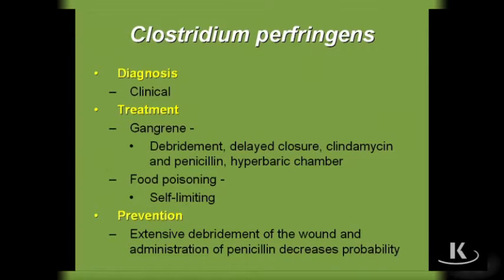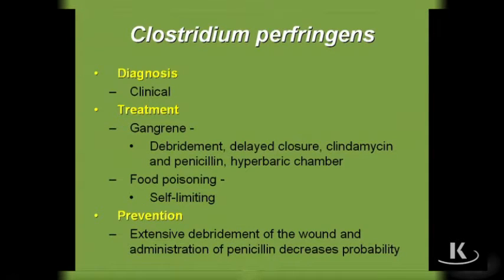What we can do that's very helpful, again, just like for tetanus, is delay closure of that wound to let it get exposed to as much oxygen as we can without clearly risking the life or limb of that patient. That's also a good mechanism of treatment. Additionally, you can expose that patient to hyperbaric oxygen, again, because the organism cannot grow in the presence of oxygen.